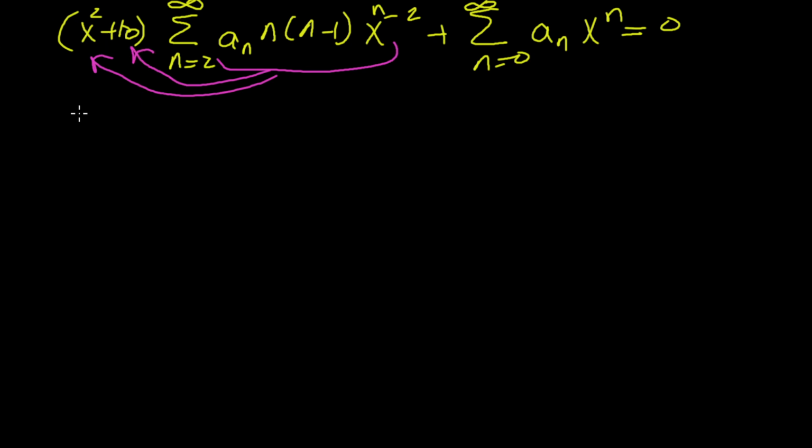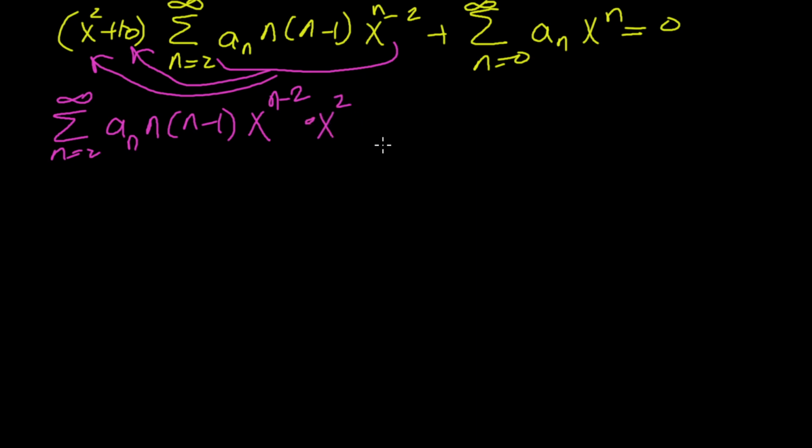Alright, so the first one, a sub n times n minus 1, this times x squared. Then the next one is just times 10.